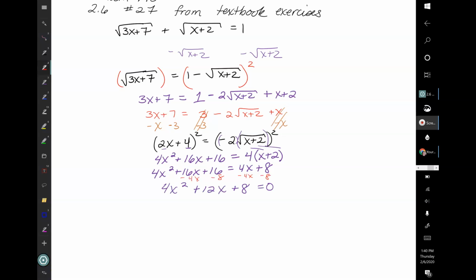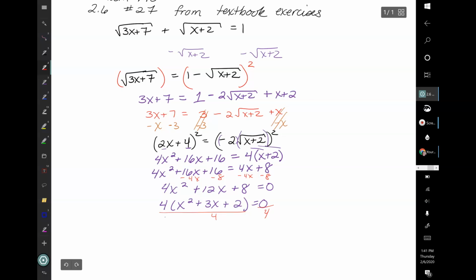So before we actually go through with factoring it, we are going to want to factor out a greatest common factor. So we can factor out a 4, leaves us with x squared plus 3x plus 2 equals 0. Then the 4 will just divide out. So divide both sides by 4.